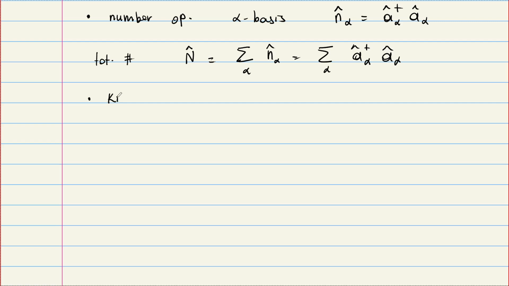So I can calculate the kinetic energy. Let me use T hat for that. What is the kinetic energy? I have minus h bar squared over 2m del squared, and this thing should act, right? This is in real space, so I should choose the real space creation and annihilation operators, psi.